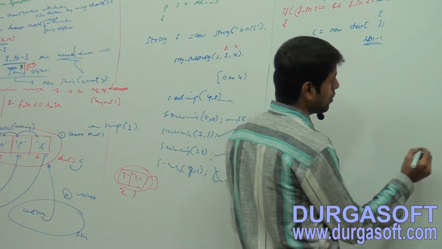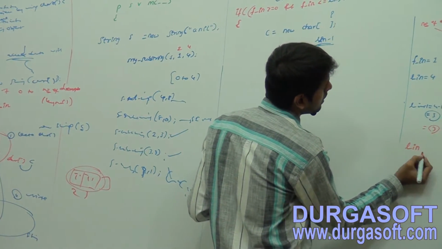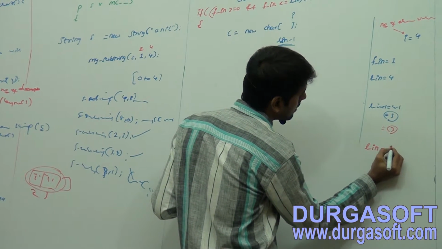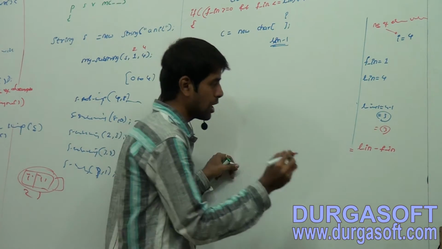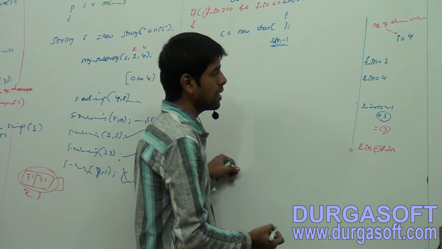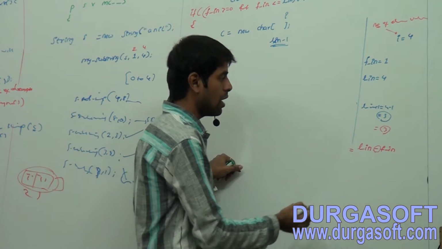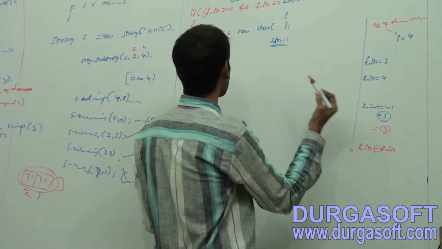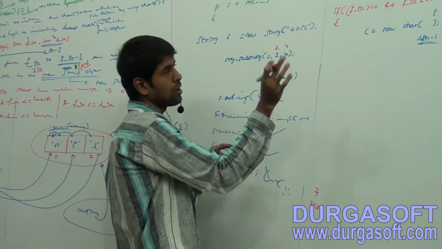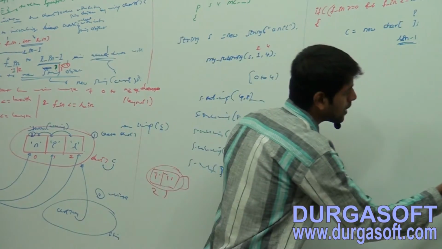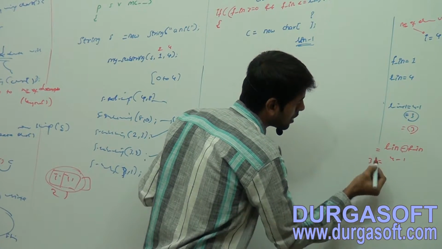If I use last index value minus first index value, it will give one value. I am using the minus operator. Think for this case 1 comma 4, later we will come to the other one also. 1 comma 4, 4 minus 1, how much, friends? 3.